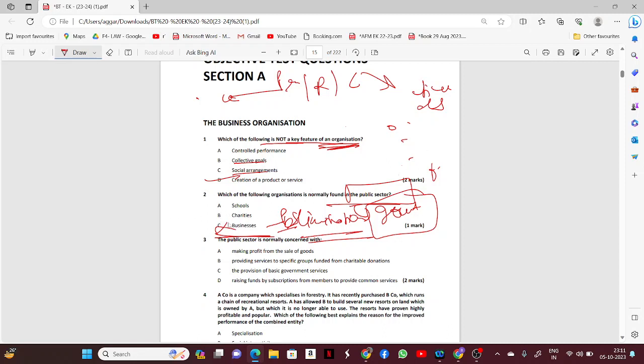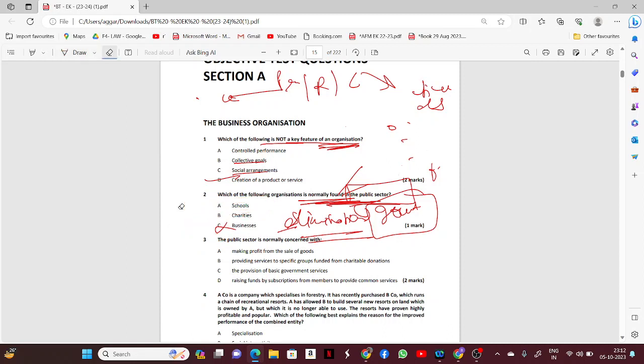Now schools and charities. Charities may be in the public sector, maybe in the private sector. But usually schools are public sector. If you take the name of any school, GD Goenka Public School, Ryan International School, or whatever the public name is, right? Charities are usually found in the non-governmental sector, and schools are normally found in the government sector.